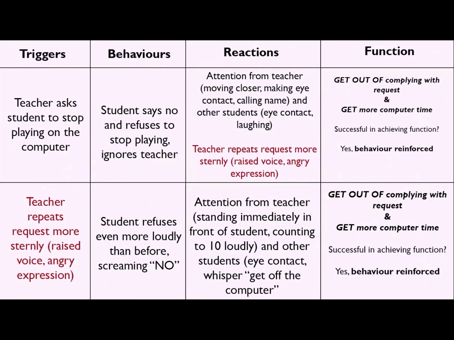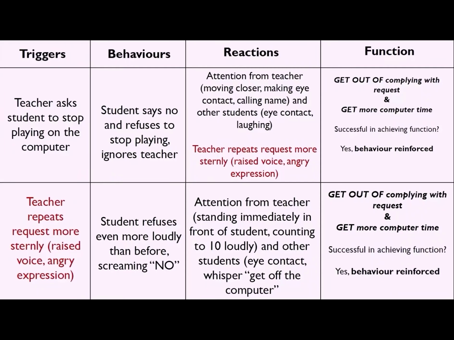I want to use the ABC example to talk about how we might start unpacking that cycle, or the one that we went through just before, because these things can happen in chains. So you have a kid who refuses or says no to being told to stop playing the computer. The teacher gives attention, moves closer, calls the student by name.